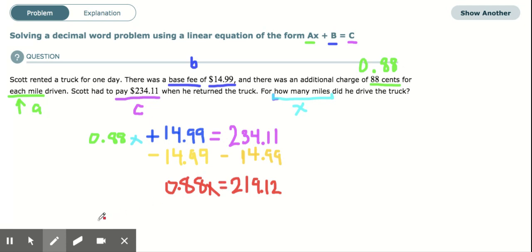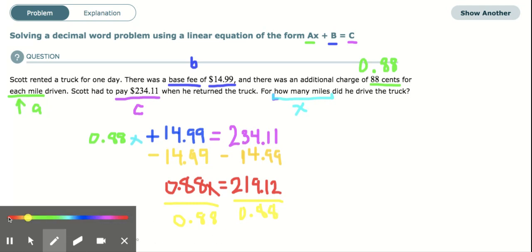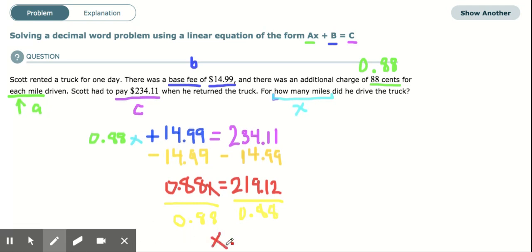All right, so one more step to get x by itself. This right here is multiplication, so we have to do the inverse operation, which is divide. So we're dividing both sides by 0.88. Let's go ahead and do that on our calculator. And in these types of problems, they'll usually give you a whole number as your answer.